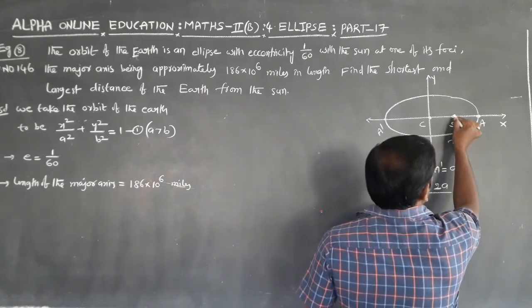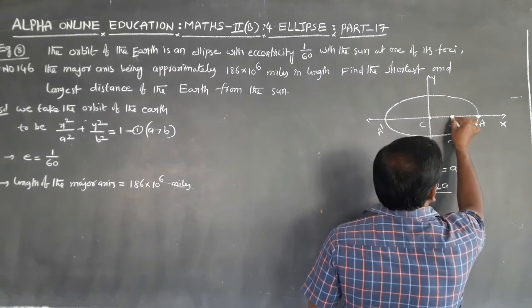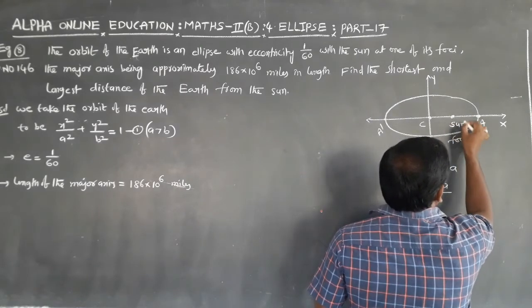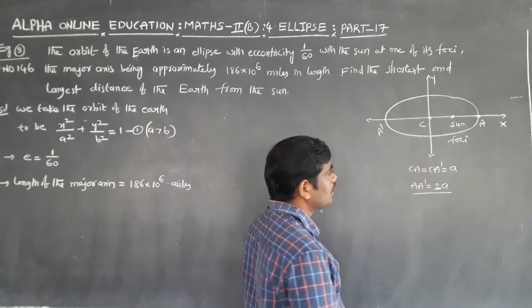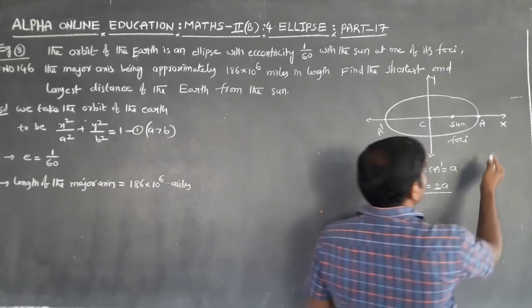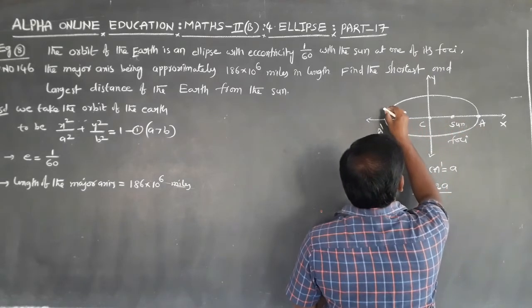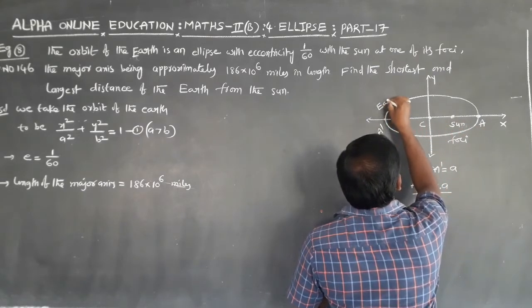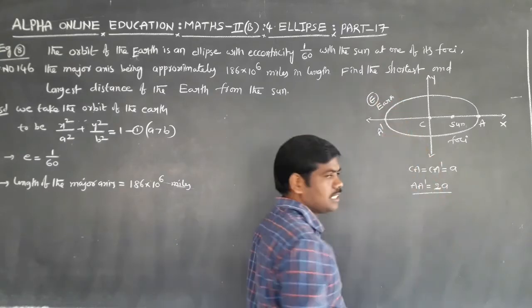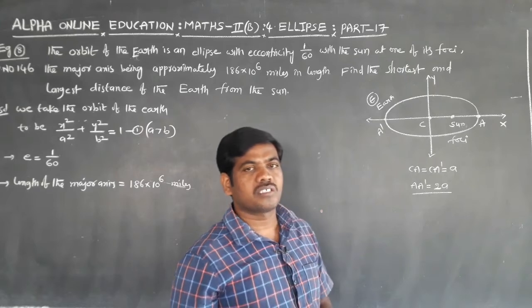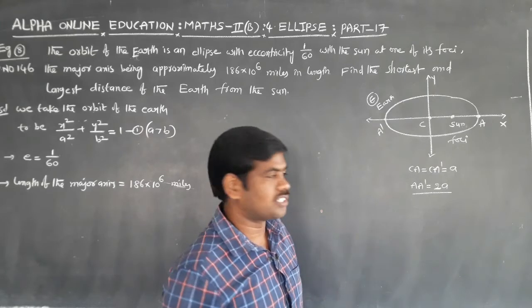One of the foci of the ellipse can be taken as the sun. Again here A is the earth. Here we find the shortest and longest distance.